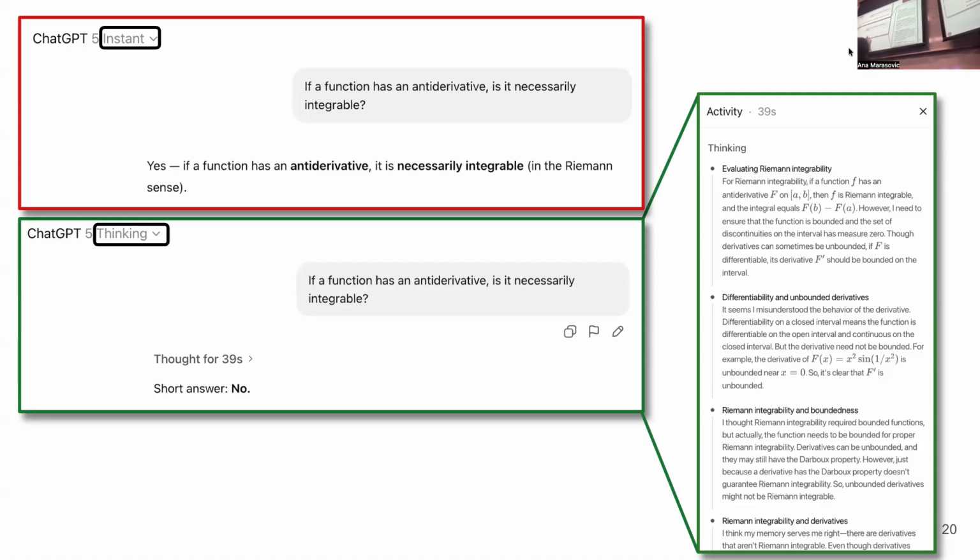So here the answer was correct, and in the instant version of ChatGPT, it was wrong. So that's nice, right? We know how to go about producing better model versions that can answer more complex reasoning phenomena. Again, hold on for how exactly.